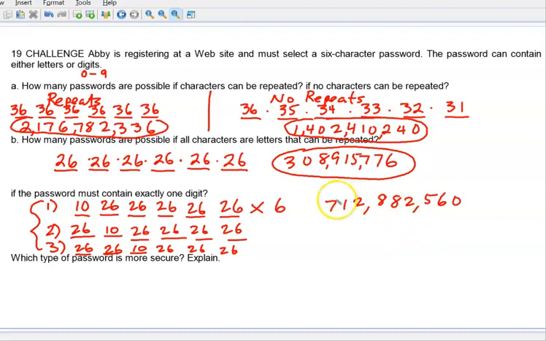So then the final question there is, which type of password is more secure? Well, obviously the version that has the 1 digit mixed in would be more secure. This is a 1 in 712 million chance to guess correctly, and this is 1 in 308 million. So we would say the password with 1 digit.